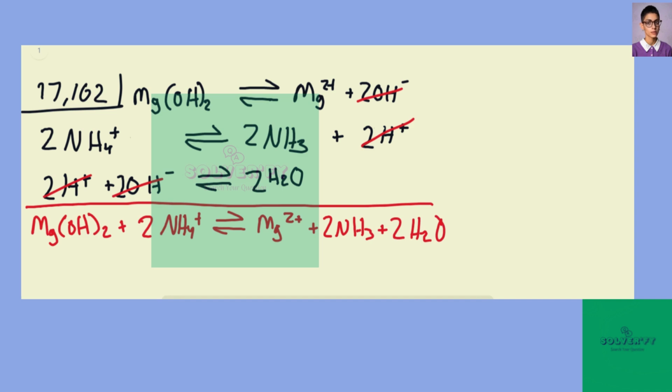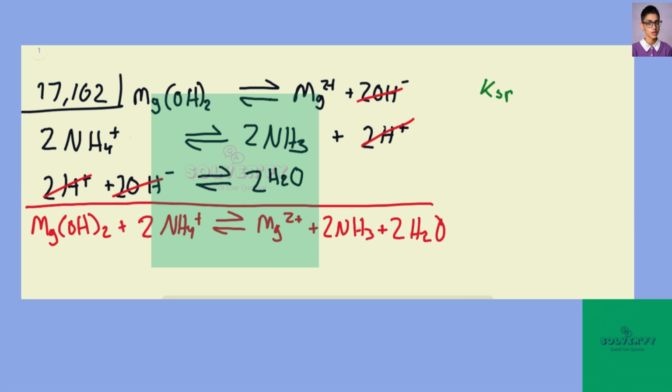So now the issue is, what do we do with the K values? So what we need to do is we use the first reaction as is.